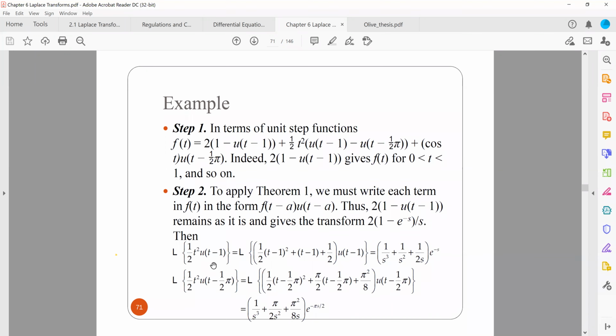And once you do this, the Laplace transform is easy. It's in a format that we can easily transform. So putting it all together, you end up with this as the Laplace transform, having applied the second shifting theorem.